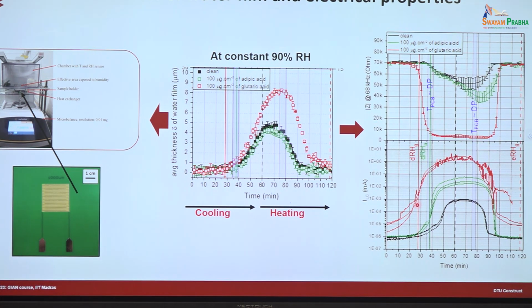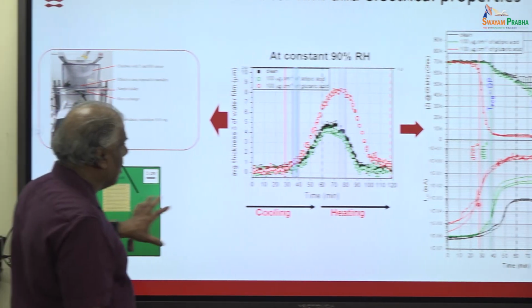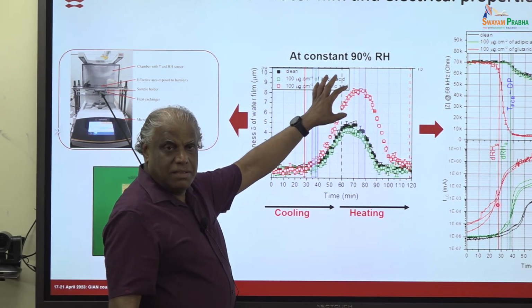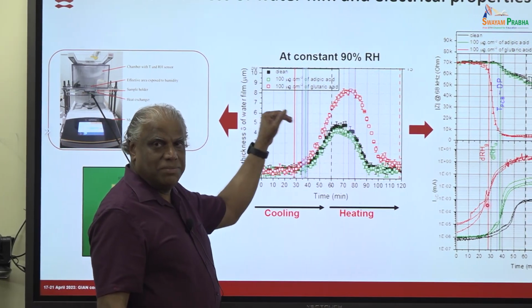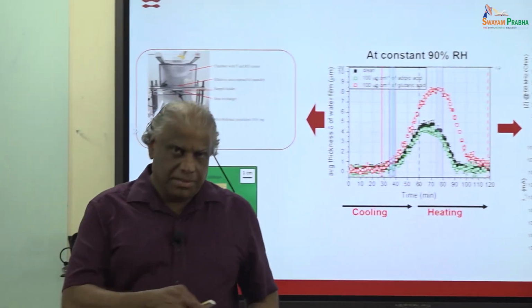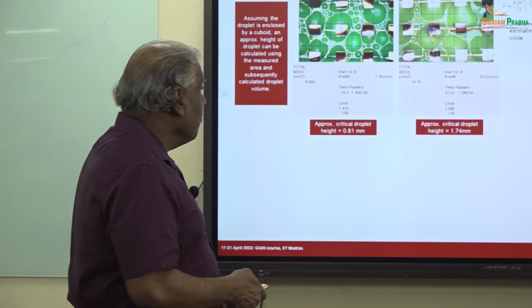But you can see nicely how the water film builds up and how it is affected by this contamination, how the amount of water film thickness changes. Now, where do we go from there?